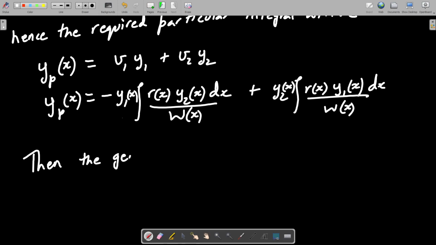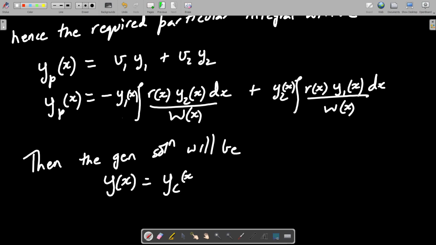Then the general solution will be y of x equal to yc of x plus yp of x. I have not used the word yc in the beginning, for y equal to a y1 of x plus b y2 of x, just write yc over there. So with this we'll stop. Tomorrow we'll do the examples based on this.